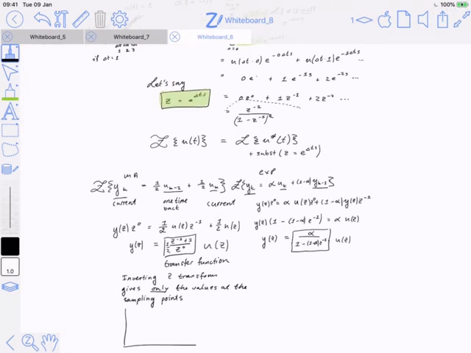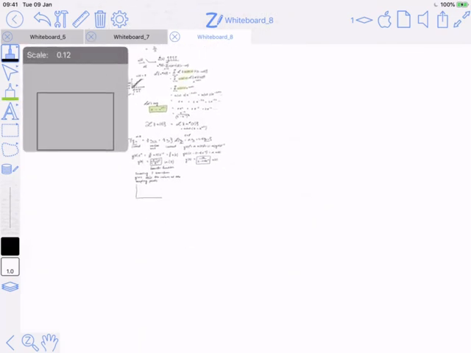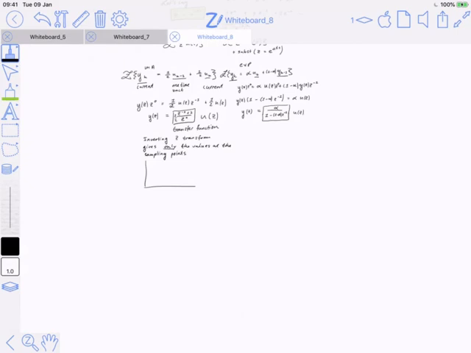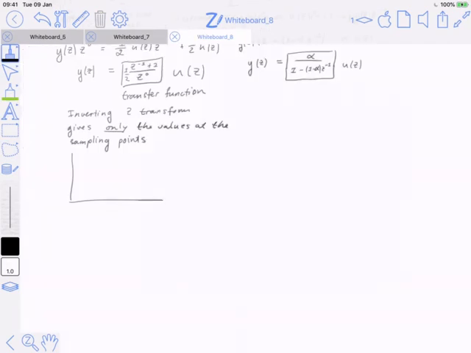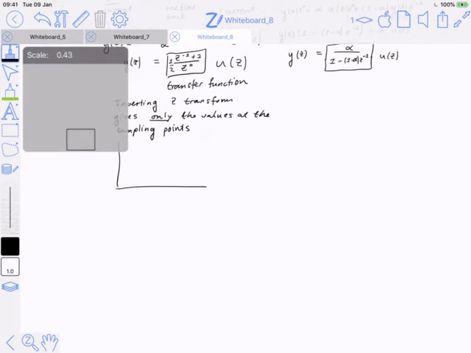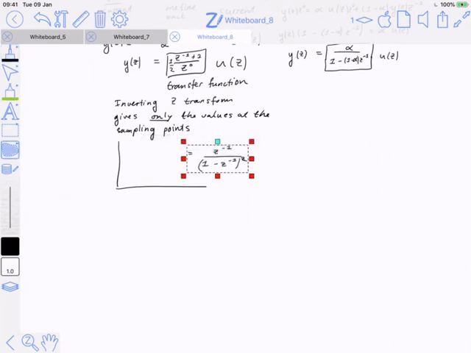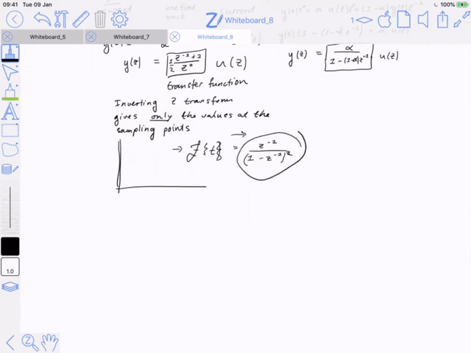So if I have this, which we calculated as the Z transform of a ramp, R of t, going that way, I end up with this, right?